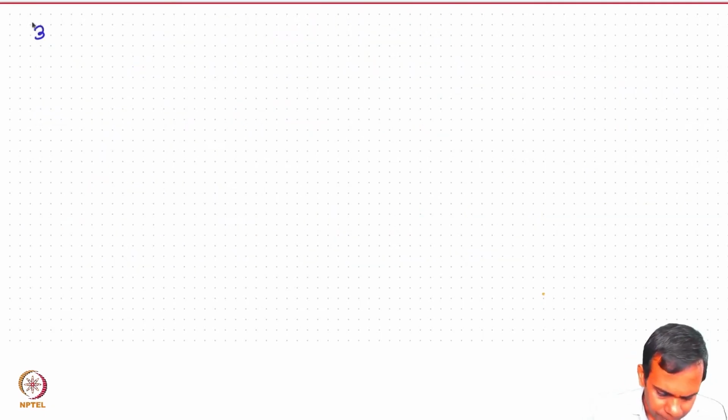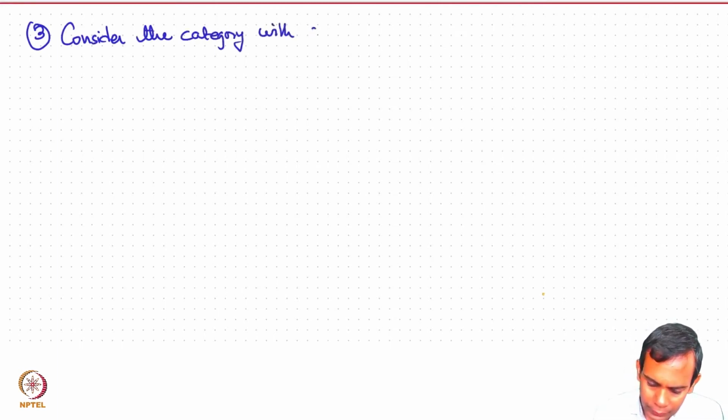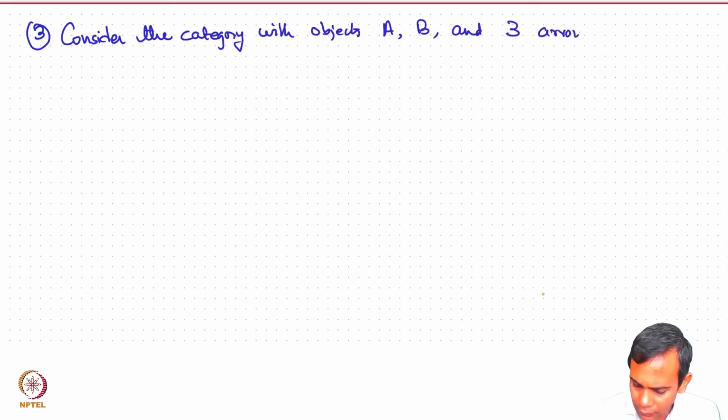Okay, the third problem. Consider the category with two objects, which I'll call A and B, and three arrows as below.